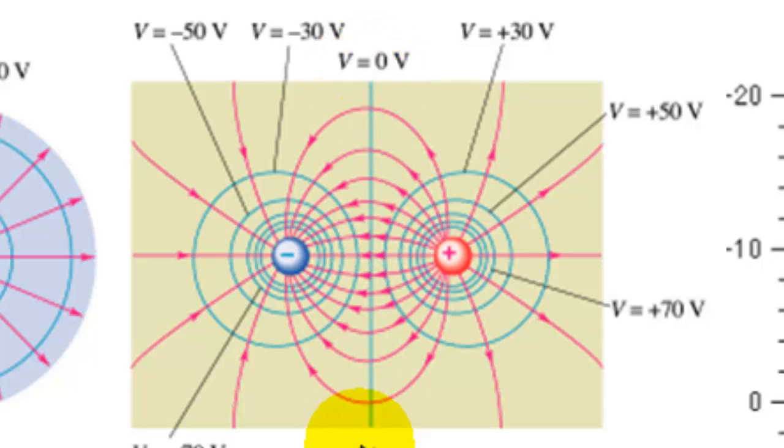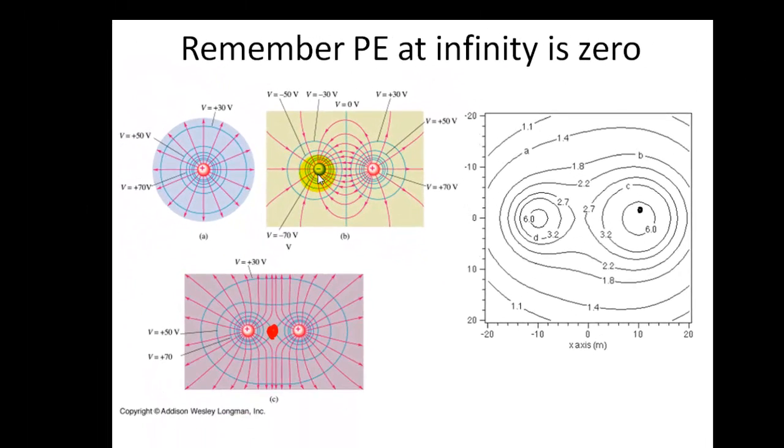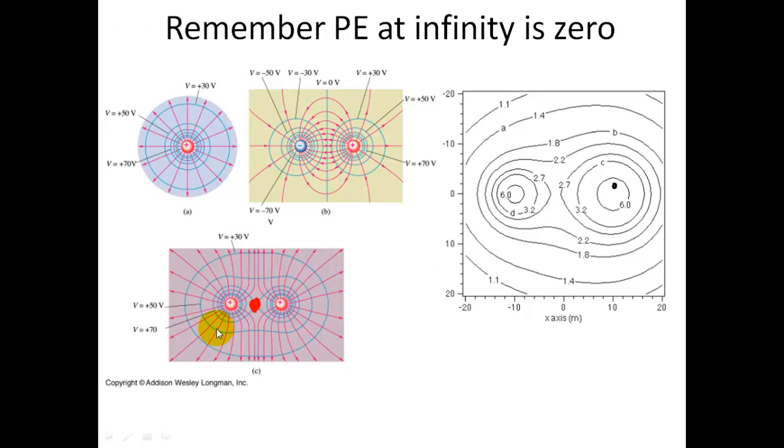As it approaches the positive charge, it becomes greater. As it approaches the negative charge, it becomes more and more negative, minus 30, minus 50, and minus 70, and so on. Here we have two similar positive charges, and you can see the lines of equipotential moving around like this.